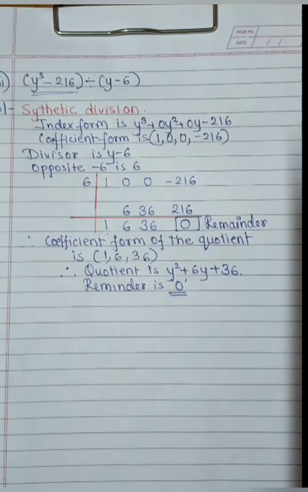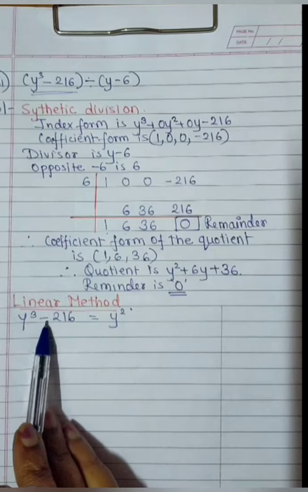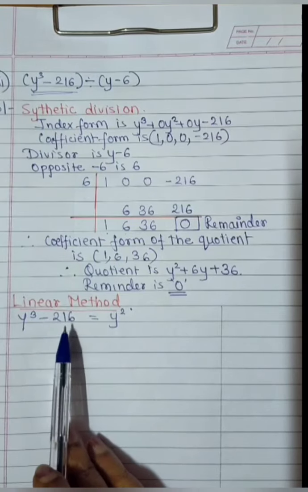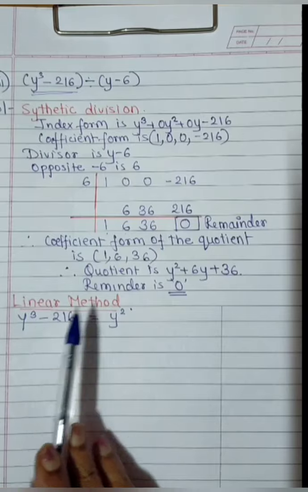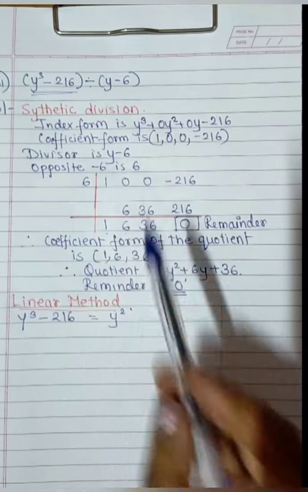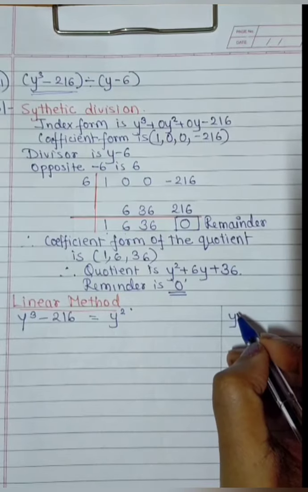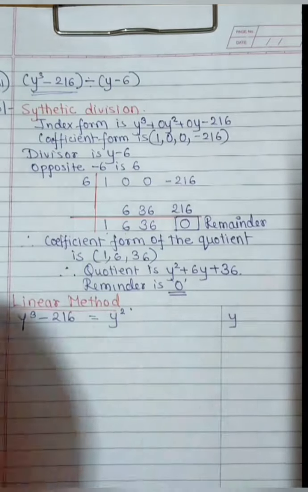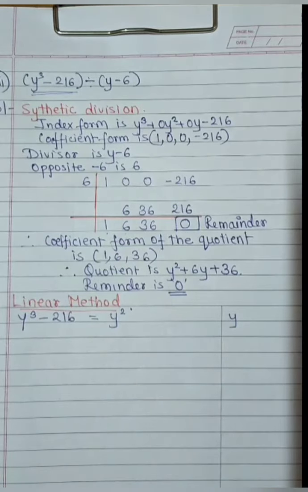Now we are going to solve the same equation in the linear method. As you can see, there is y cube minus 216, the coefficients are given. So here the divisor we are having is y minus 6.